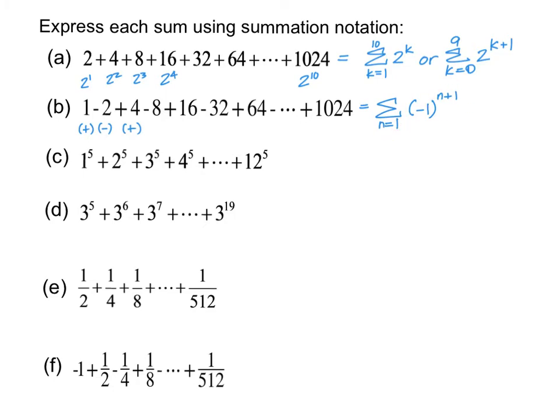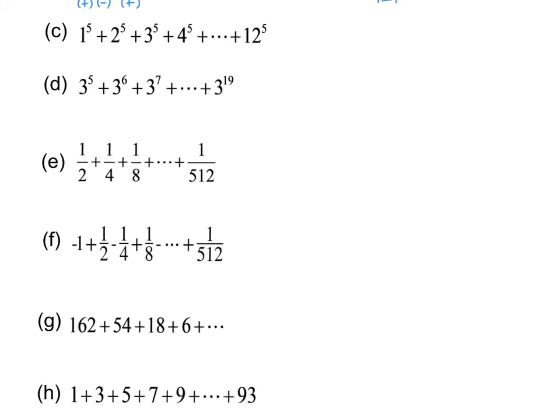So I can make n equal to 1, and this is 1 plus 1. And then the pattern is, these are also powers of 2. So we're going to have 2 to the n minus 1 power in this case. Okay? And so then this goes up to 11.